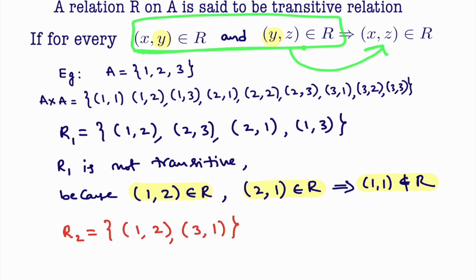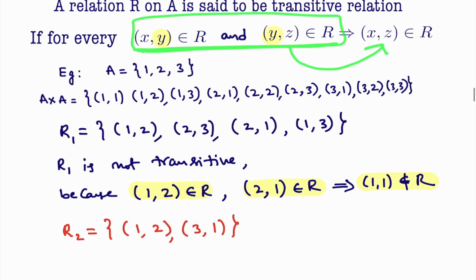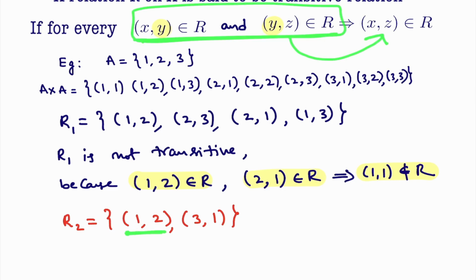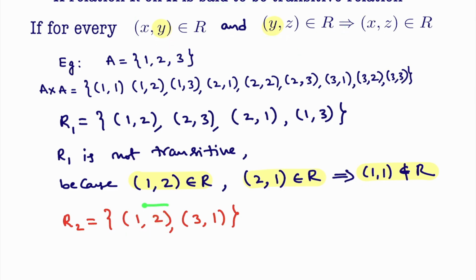If such an ordered pair doesn't exist, in that case we say that that particular ordered pair passed the transitive test. Here this ends with 2, and nothing starts with 2. So we say that this particular ordered pair passed the transitive test. For (x,y), we are unable to find (y,z). If (y,z) exists, then we will look for (x,z). So this element passed the transitive test.